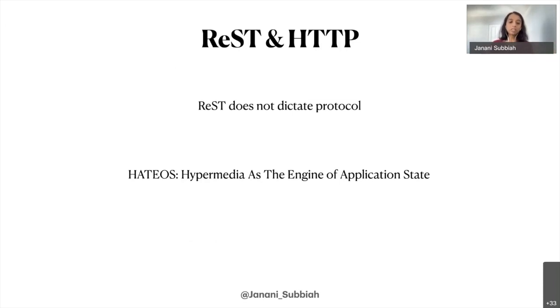So in this case, all the client needs to do is probably have a base URL to talk to the service, and all other APIs that the client might need, and also allowed operations, are actually a part of the response itself in the form of hypermedia links. Again, this is the final level of what's called Richardson's maturity model, and I highly recommend reading it if this is of interest to you.